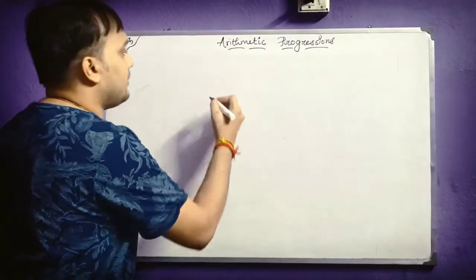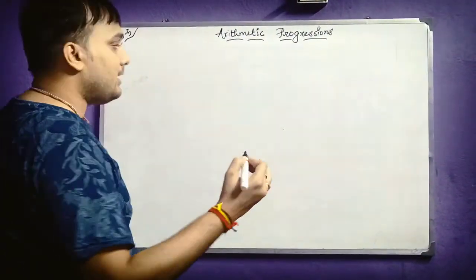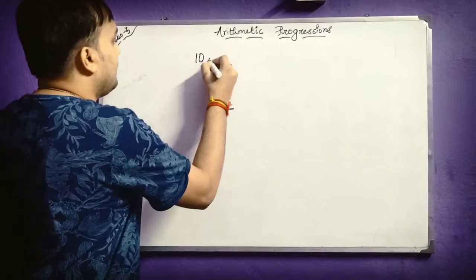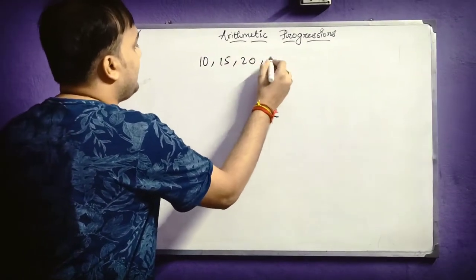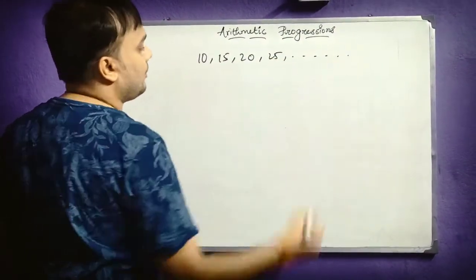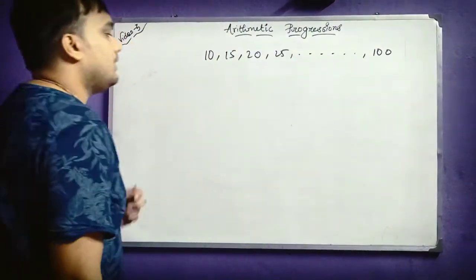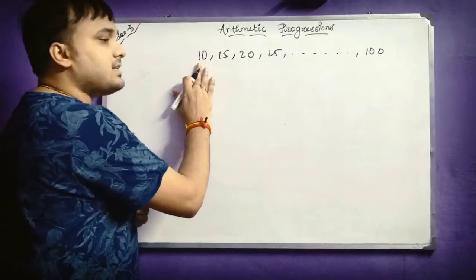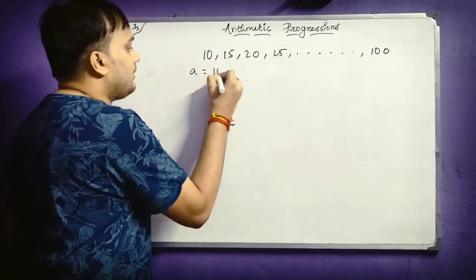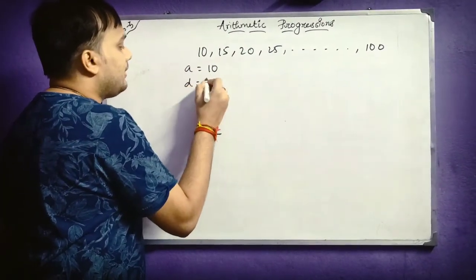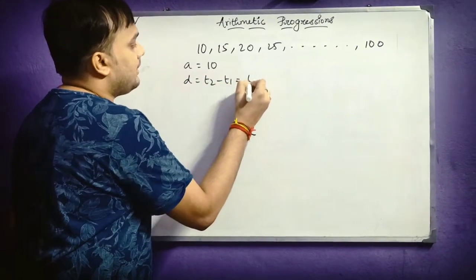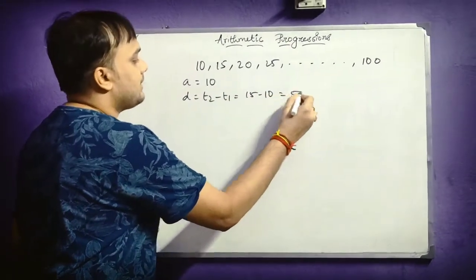Suppose we have a very generalized form of an AP, like we have 10, 15, 20, 25, dot, up to, let us take, 100. Now 10 is the first term, so a will be 10 and d will be T2 minus T1, 15 minus 10, that is 5.